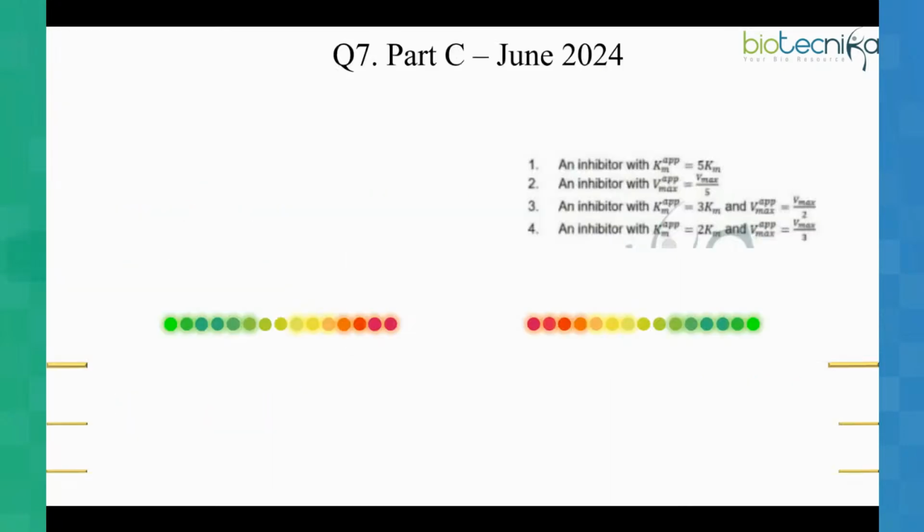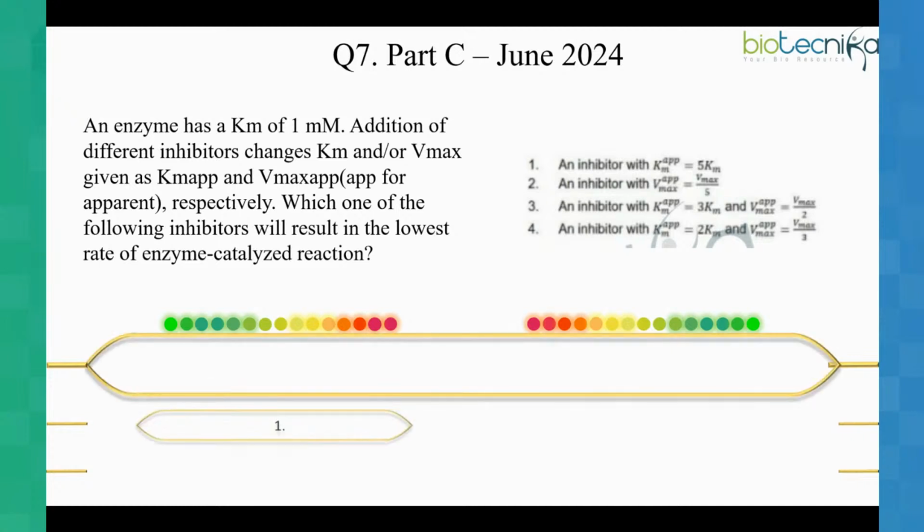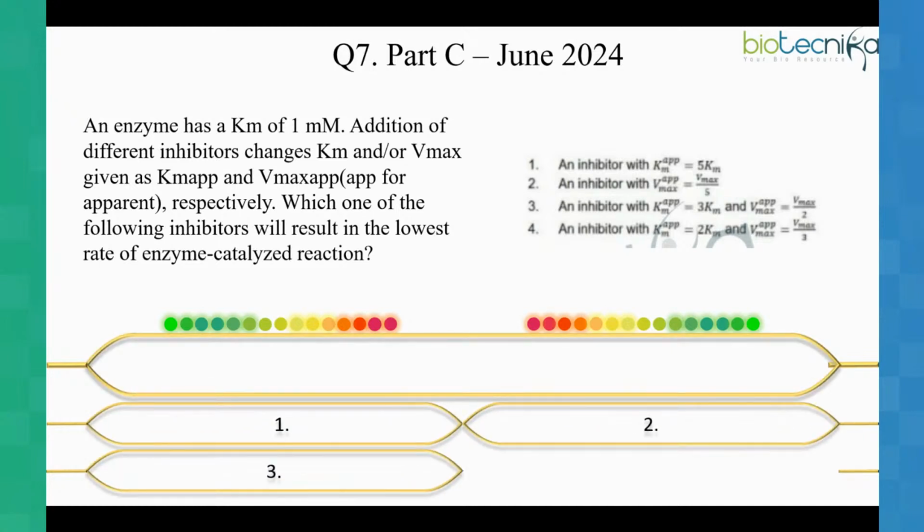Then again, from the recent exam, June 2024, this is regarding enzyme inhibition. They have taken an enzyme that has a Km of 1 millimolar, but in the presence of an inhibitor also.